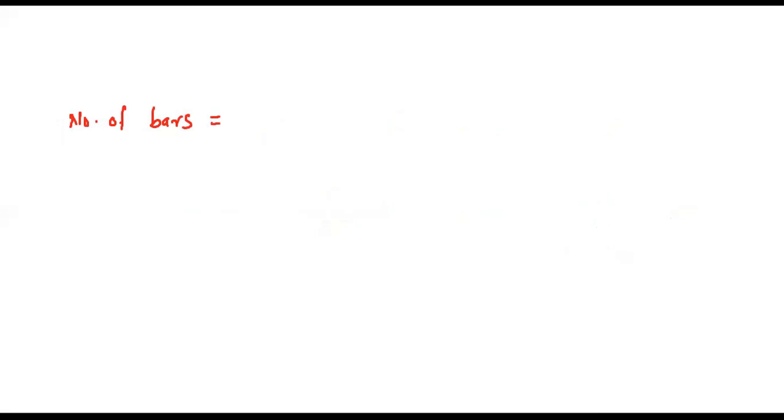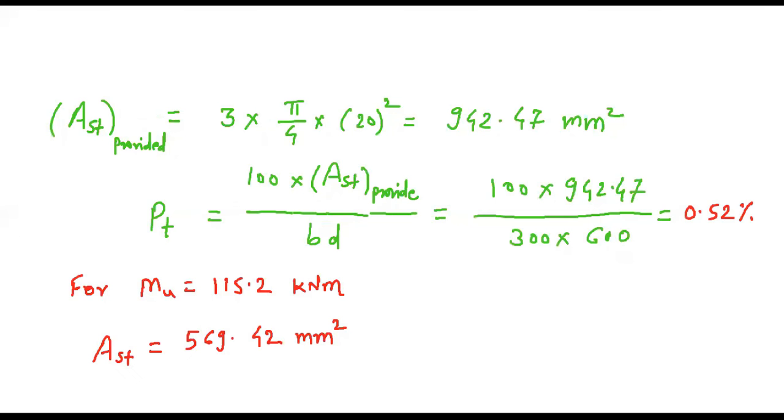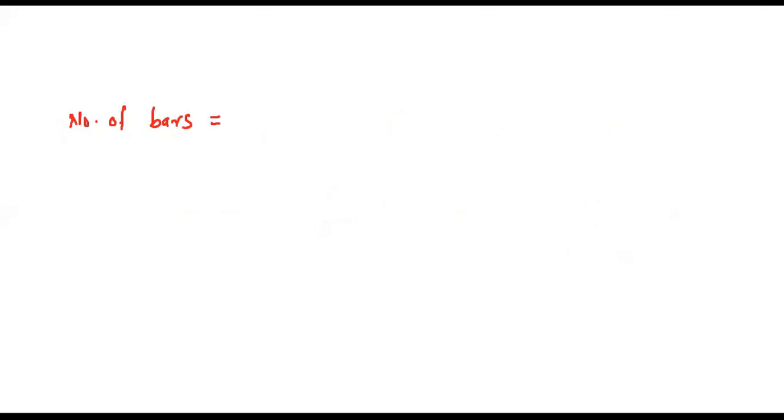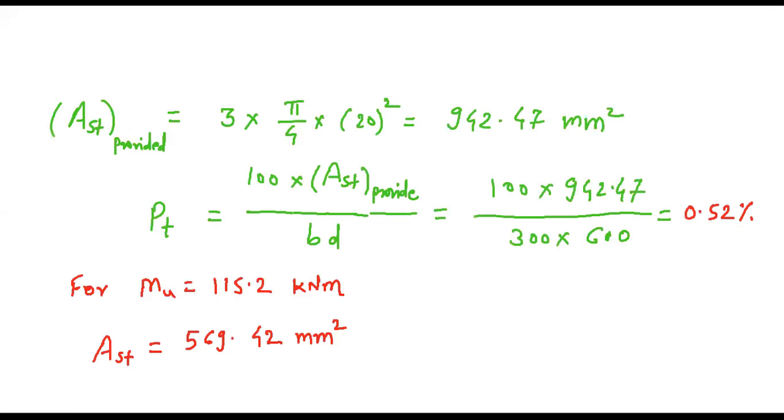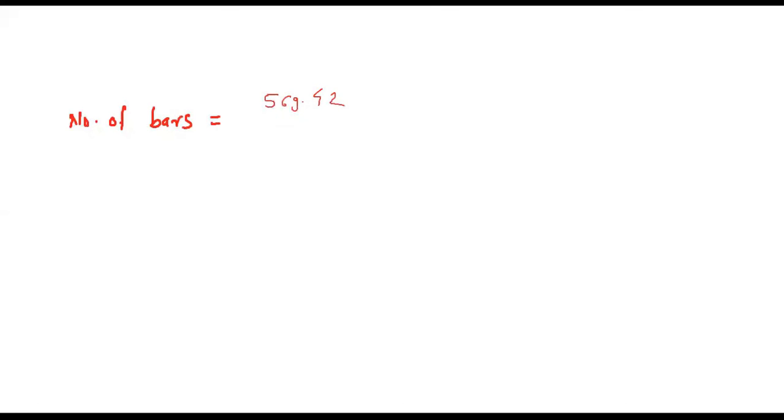The total area of steel is 569.42 whole divided by the area of a single bar, that is 5 by 4 into 20 square.